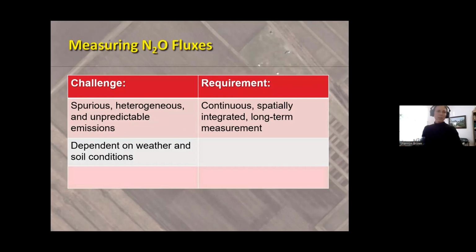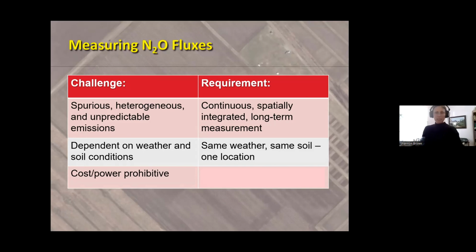Another challenge is that these fluxes are dependent on weather and soil conditions. So if we're comparing treatments or different management practices, ideally you'd want this to occur under the same soil and weather conditions. That would require measurements in one location that has the same weather and same soil. Another challenge is that it's often cost and power prohibitive to make these N2O flux measurements.